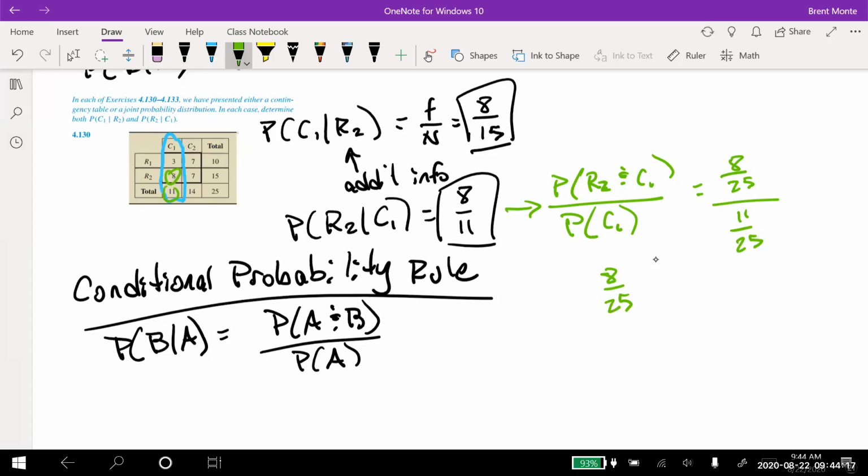Let's clean that up so I don't confuse anybody. Now the 25s divide, I get 8 out of 11, which is, of course, just what I had right there. So we see that works. That's how that formula works.